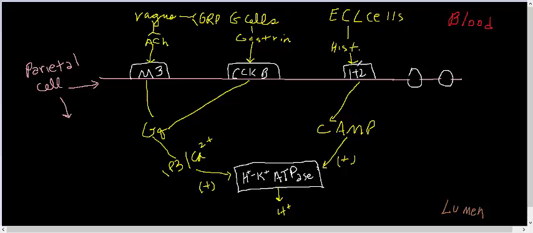Okay, so as you can see, histamine acts via a different stimulatory pathway compared to what would take place with acid stimulation due to acetylcholine or gastrin. And this can have important ramifications. We'll say a little bit more about that. At this point, I'd like to bring up the concept of potentiation.